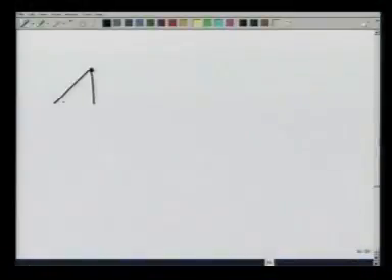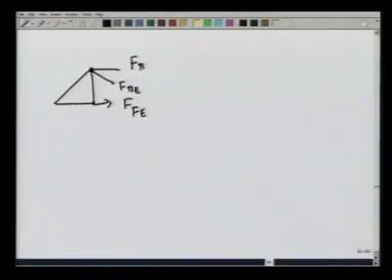So, these are the forces which are acting: FFE, FBE, FBC, 5000 over 3 newtons. Either I can take torque about this point and calculate FBC in terms of FBE.